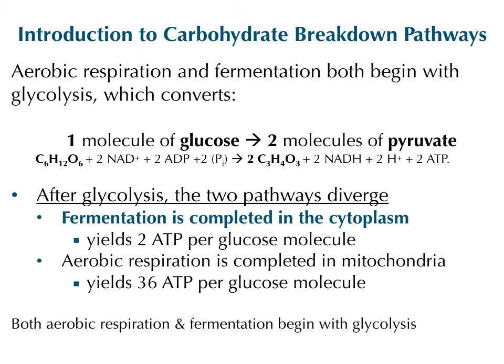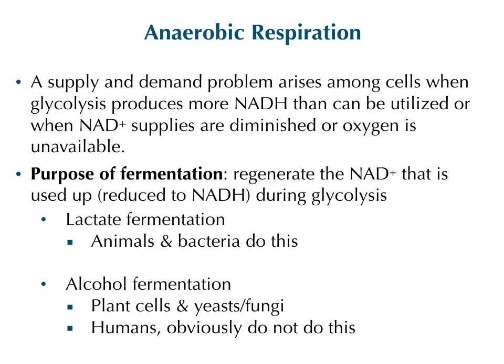Okay, so let's look at that. Sometimes our rate of glycolysis is much higher than the rate of the citric acid cycle, and pyruvate will back up. In doing this, we get a supply and demand problem from glycolysis, where we end up reducing more of our NAD plus to NADH.